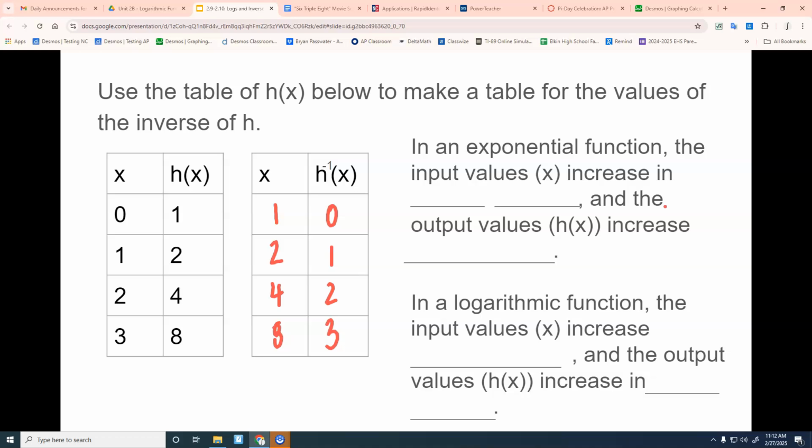I think it's equal intervals. Yeah, equal intervals is what I mean. And the output values increase proportionately.